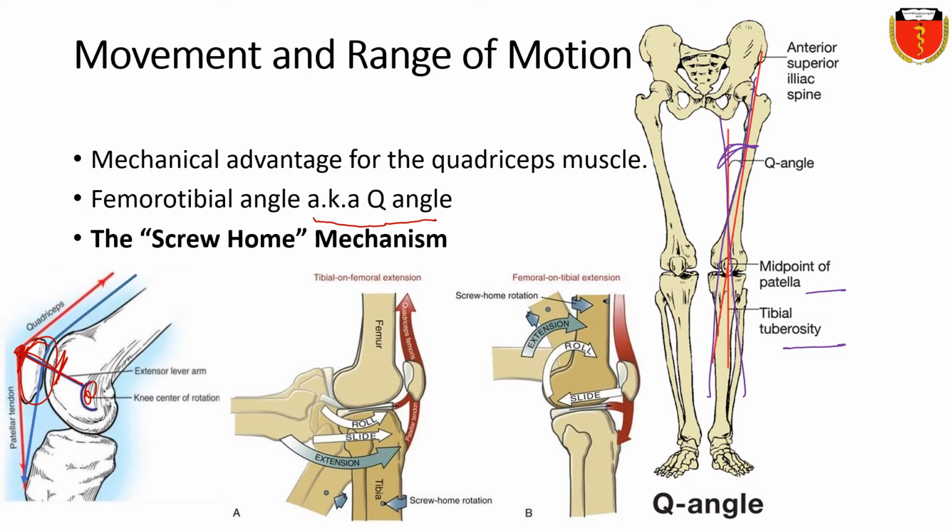We need to know about this because the Q angle can change. It can be around 0 degrees when the baby is 18 to 24 months old, and it increases gradually until it becomes the valgus position when the child reaches age 3 to 4.